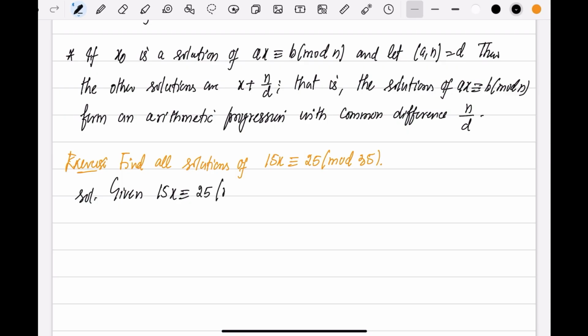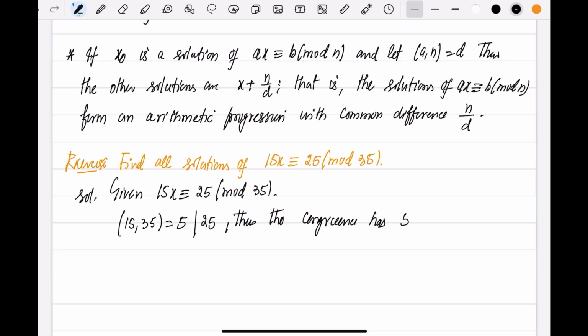First of all, the GCD of 15 and 35 is equal to 5, and 5 divides 25. So this congruence has a solution. Since the GCD is 5, there are 5 solutions in Z35.